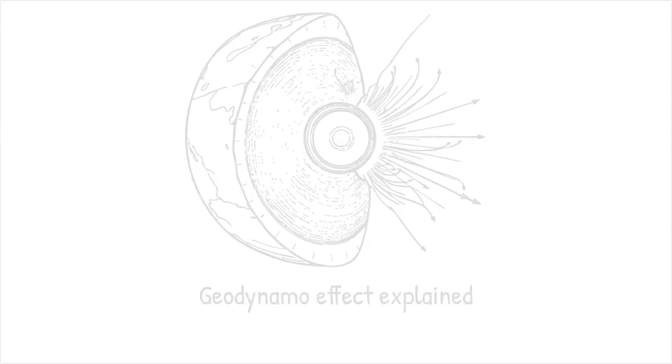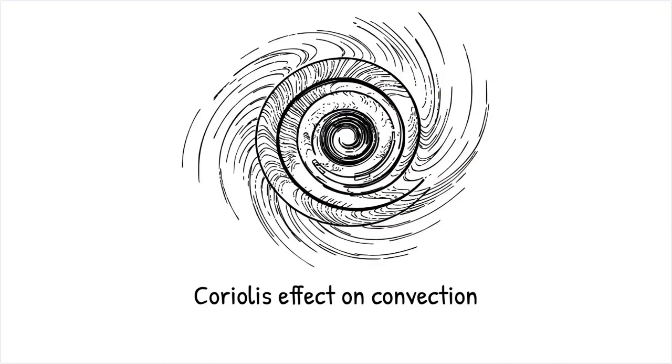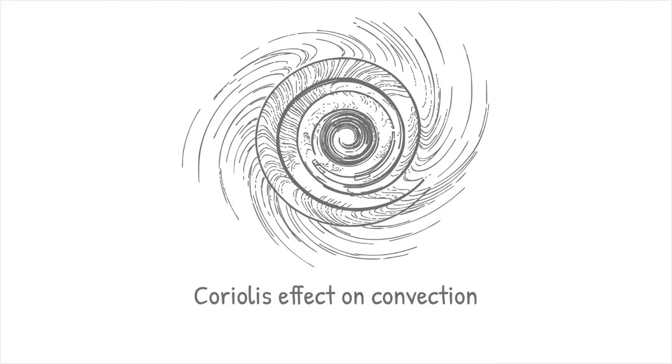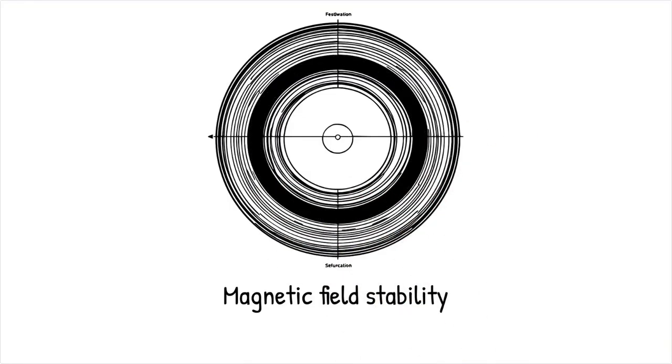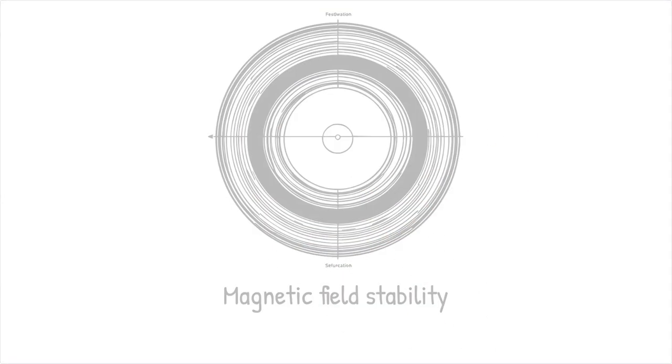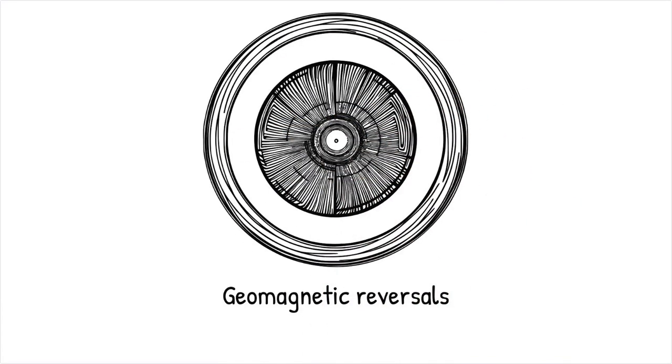As the planet rotates, the Coriolis effect causes convective currents to spiral, creating helical motions that enhance field generation. This complex feedback loop ensures that the Earth's magnetic field remains relatively stable over geological timescales. However, periodic fluctuations such as geomagnetic reversals occur due to shifts in core fluid dynamics.